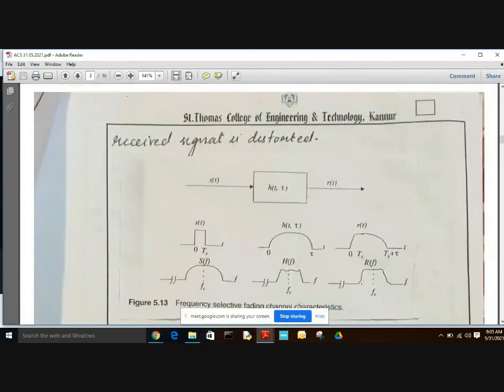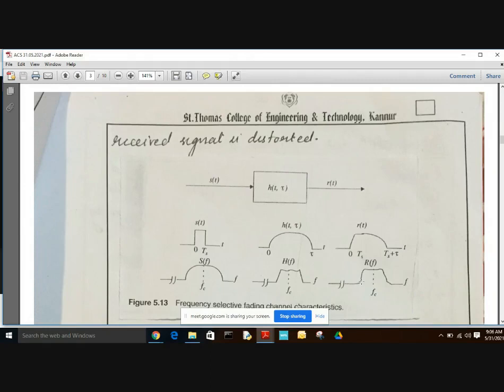Usually in the received signal, we are considering the multipath propagation, which has multipath time. Each signal which is transmitted undergoes multipath components, like a reflected component, a diffracted component, and a scattered component.